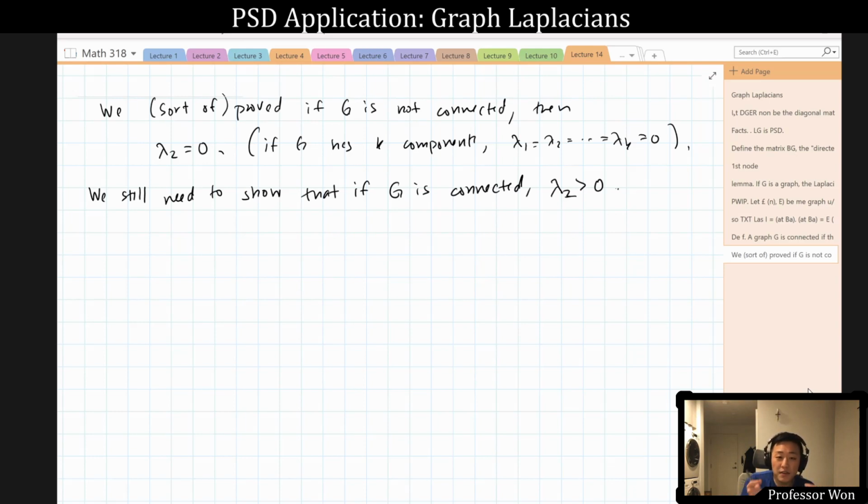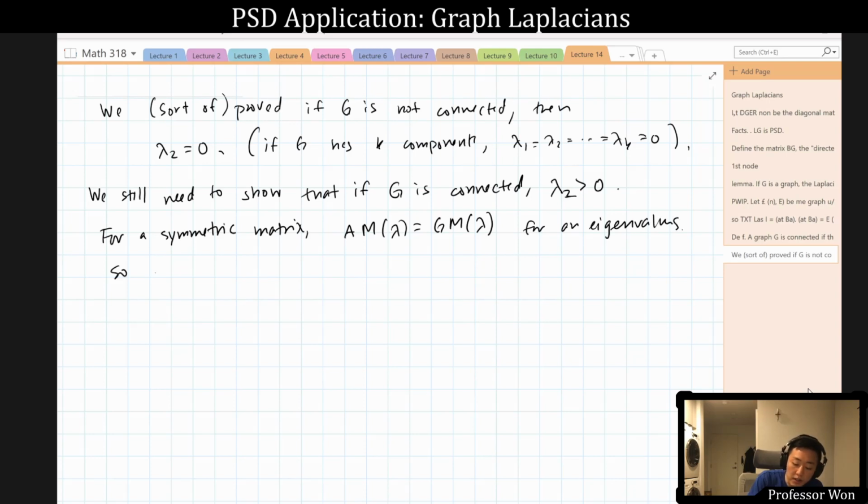So it's enough to show that the geometric multiplicity of 0 is equal to 1, because for a symmetric matrix, which is diagonalizable, the algebraic multiplicity equals the geometric multiplicity for all eigenvalues.